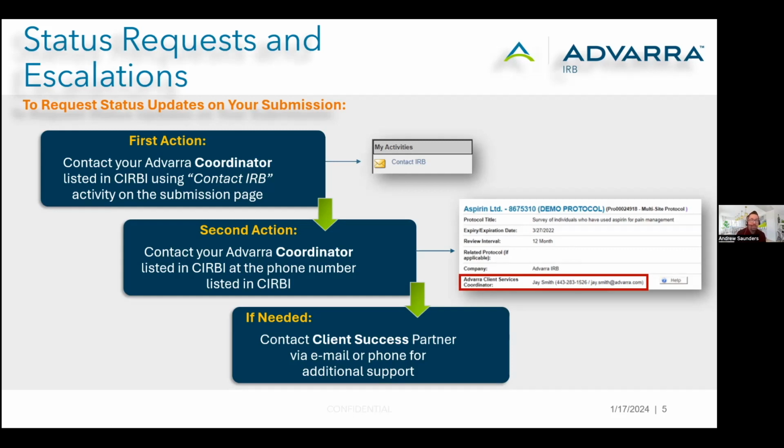And you can reach my entire team at institutions@advarra.com. And so, again, you can first reach out via contact IRB, contact your coordinator via telephone or email. And then again, if you need to escalate anything, please feel free to reach out to our team at institutions@advarra.com. So with that said, that is the slideshow that I had for you.